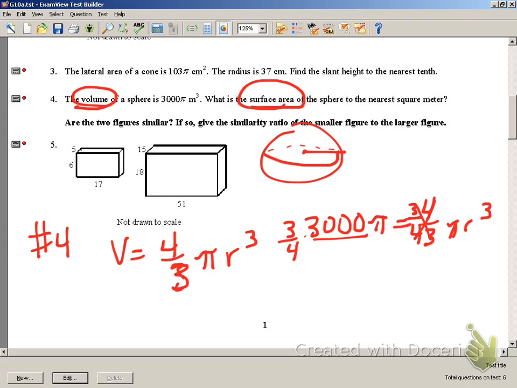We can simplify or just straight multiply. 3 times 3,000 divided by 4 gives us 2250 pi. And that equals r cubed, which we know that we can get rid of the pi's.